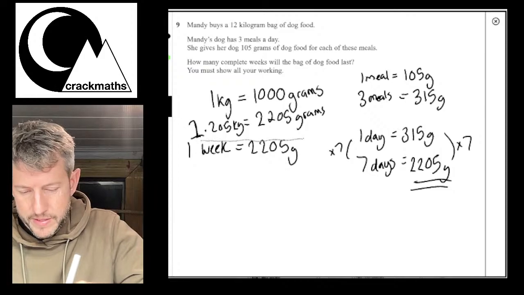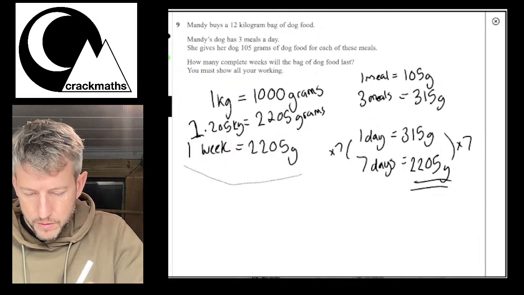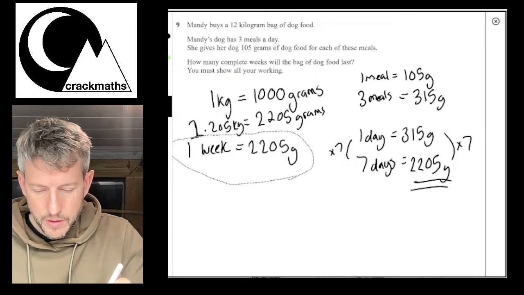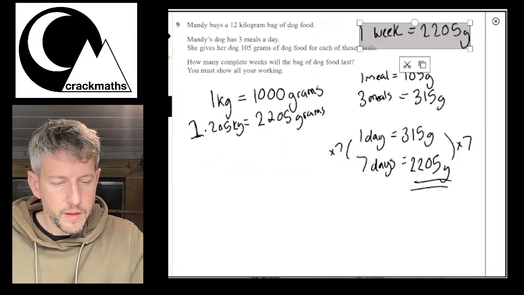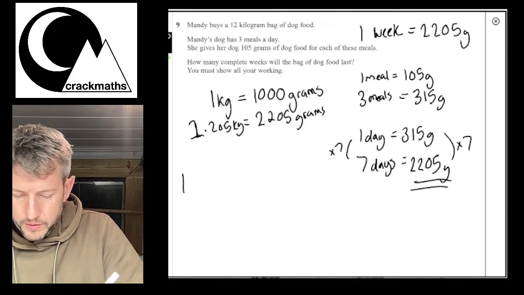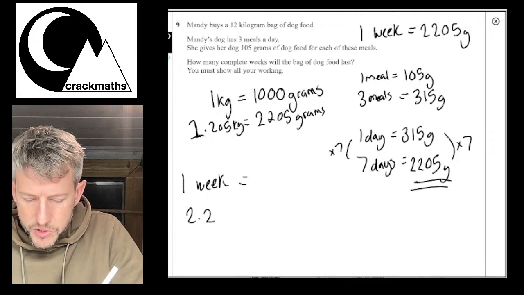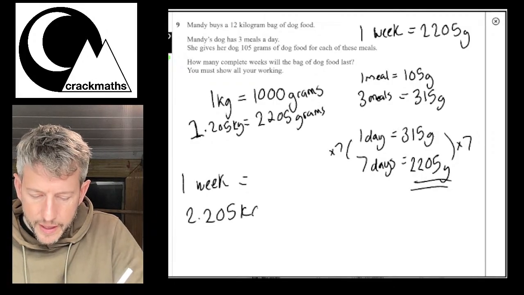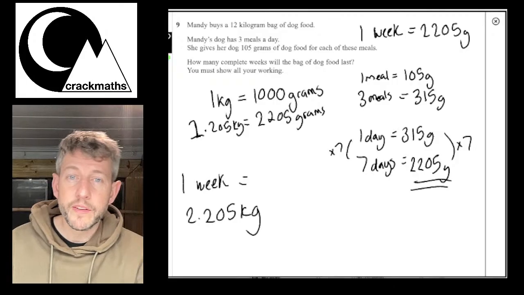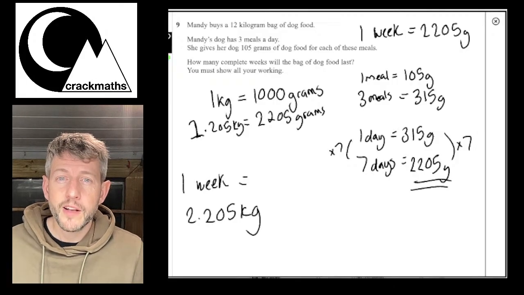So let me just move this here. Let me move that up there. So here we go. So we know that 1 week equals 2.205 kg.